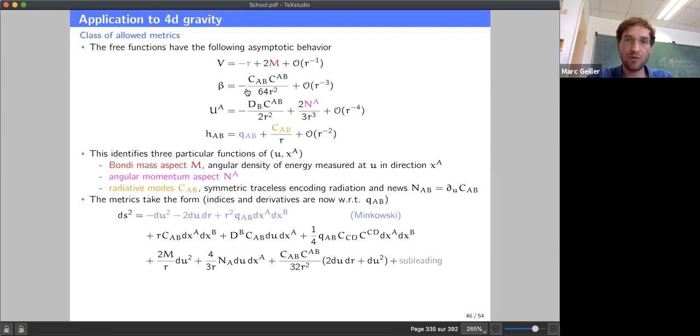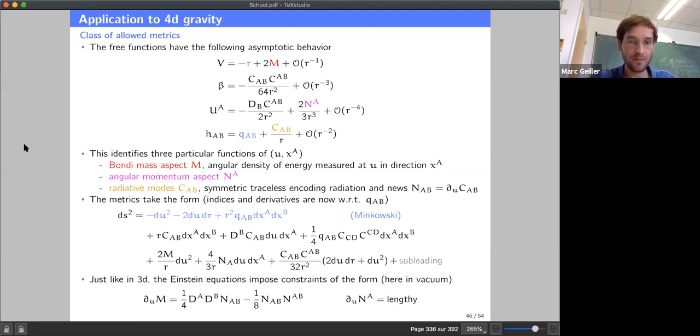In the fall-offs above, you see that the minus r piece and the unit sphere metric q_AB are responsible for the Minkowski metric at leading order. Then we have these terms which depend on the new quantities: the mass, the angular momentum aspect, and the radiative modes C_AB, plus subleading terms.